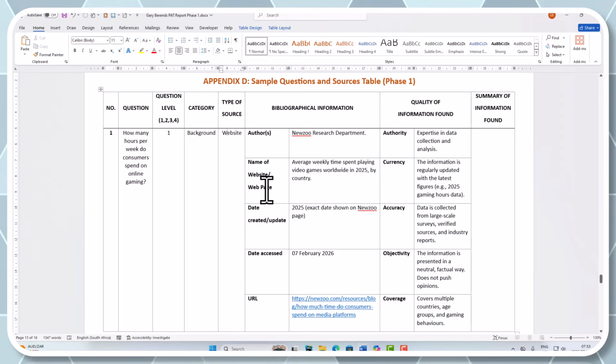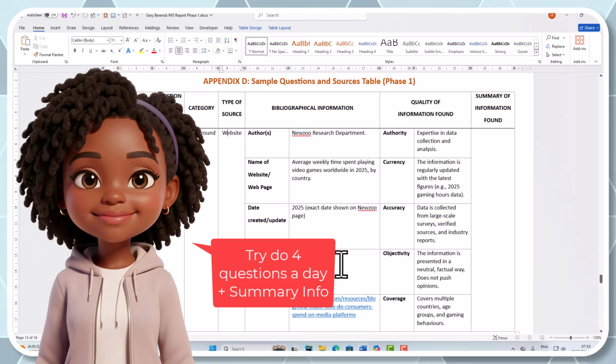So really quite a lot of work here, guys. Spend some time with this, do it correctly, maybe do 4 questions a day, and then you know that you are done on time for the next section that has to be done.